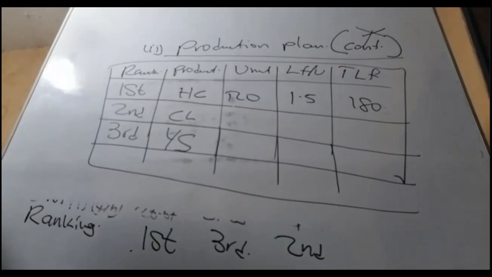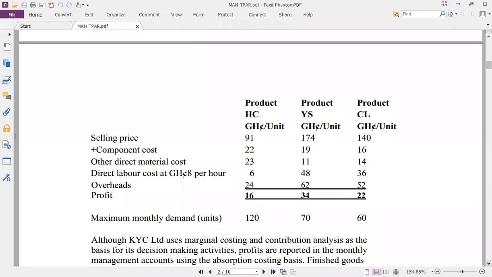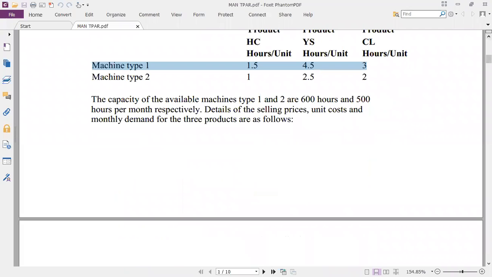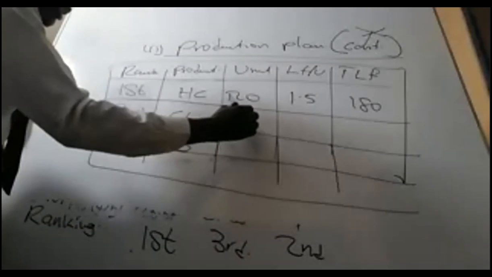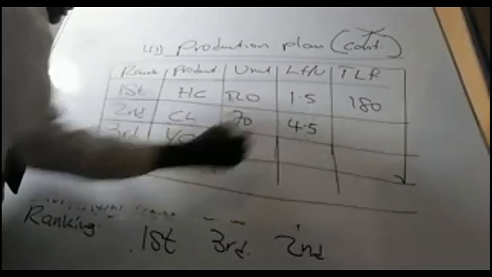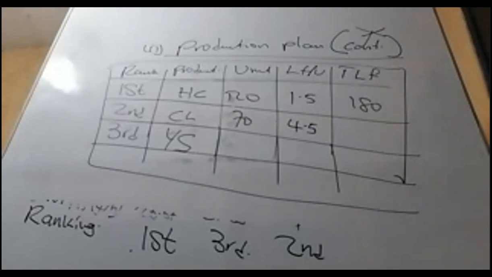Then you come to the second product, that's CL. What's the demand for CL? 70. So you are going to produce all the 70. And the limiting factor is what? 4.5. So 70 here, 4.5 here. Then what do we do?